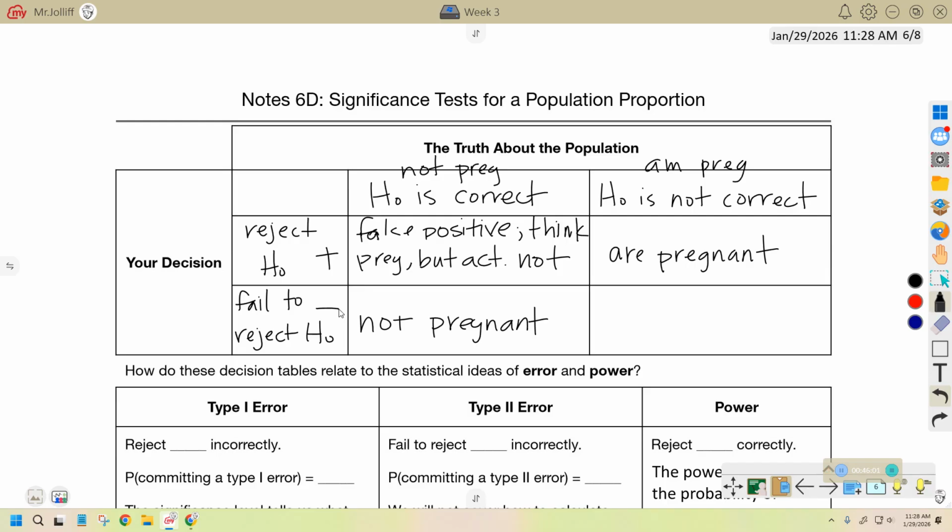Good. Second box that's empty, that's the frowny face box. False negative. The question is, what does a false negative mean? Good. So I think not pregnant, but actually am. Actually, I am pregnant, but I walk out of that doctor's office with a negative test result.